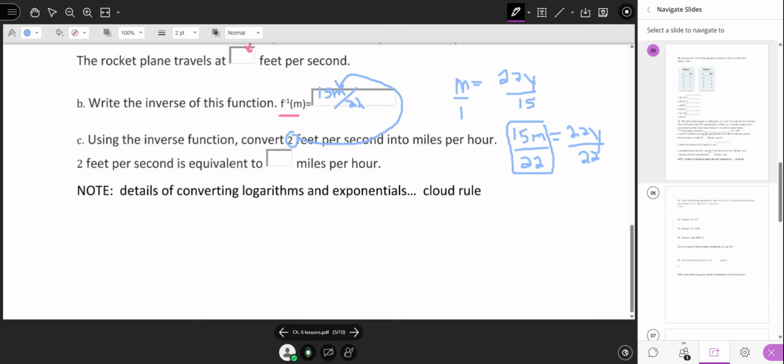Now, the cloud rule. The cloud rule for logarithms. Base stays base. That's the first big rule.